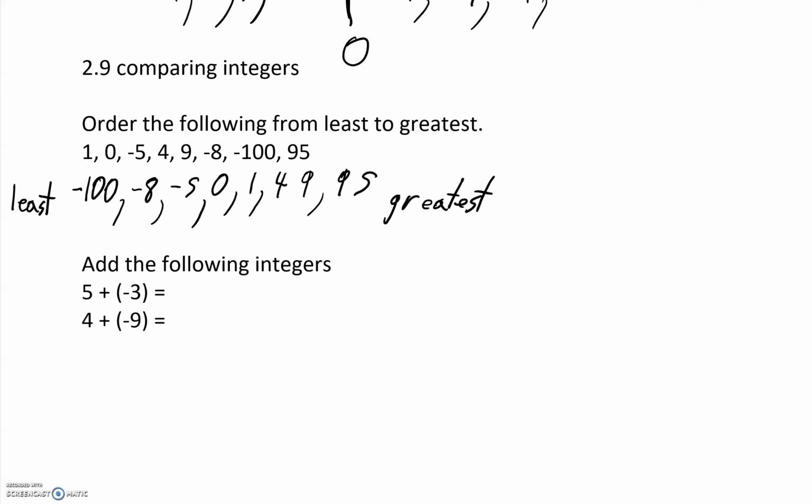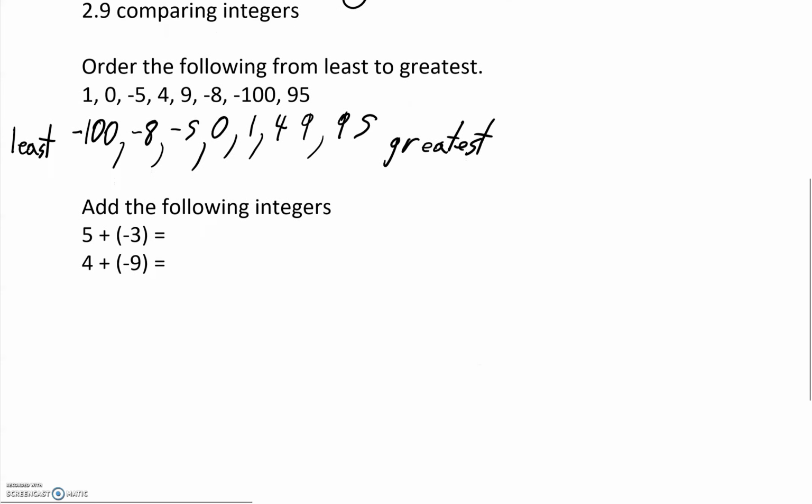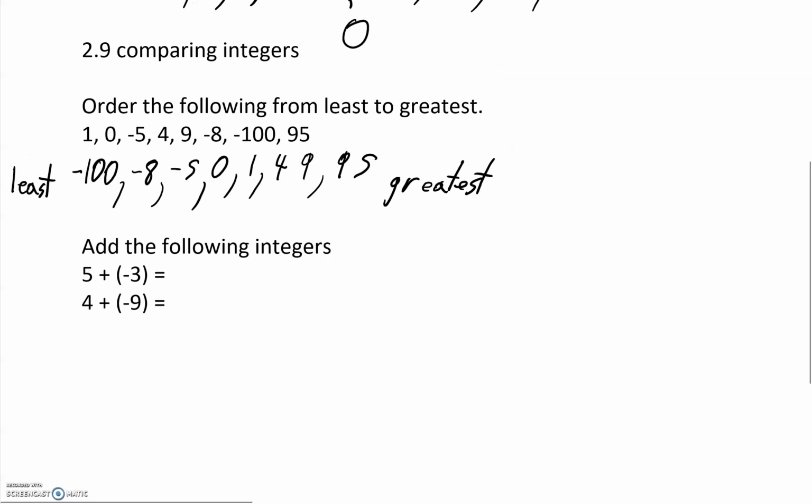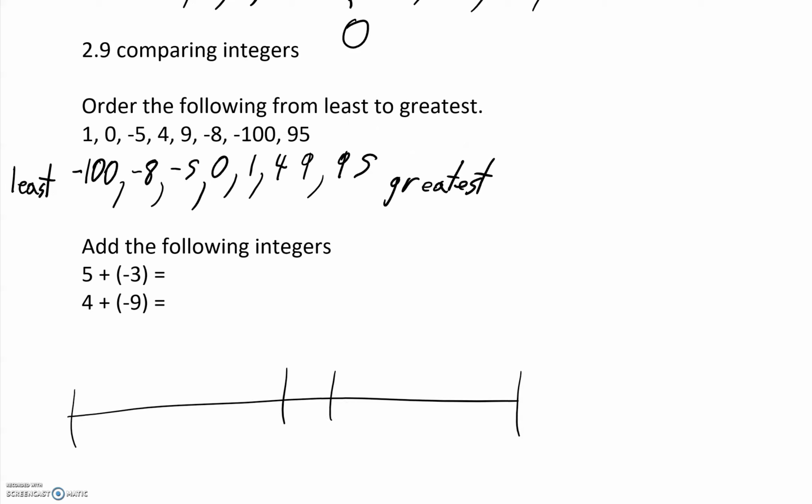Okay, so this next part here is not actually in 2.9, but it is a little extension that, if you understand it now, will help you so much when you get to grade 7. It says, add the following integers. 5 plus negative 3 equals. So I want you to think about the number line. Wherever you start, that's the number you want to start at.